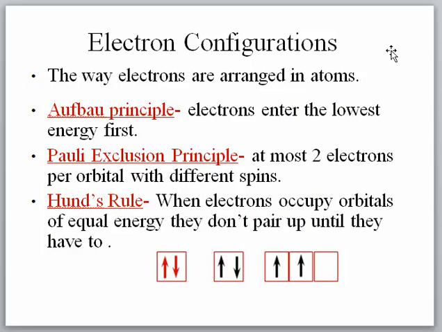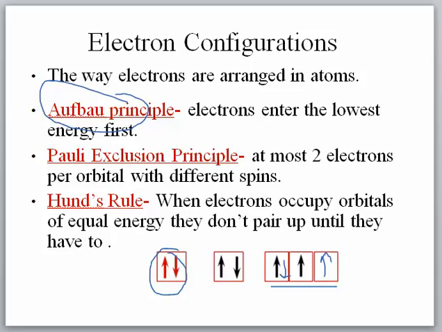So when you're following your electron configuration rules, remember, you have to fill lowest energy levels first, then at the most put 2 electrons in any one orbital with opposite spins, and then when you're filling equal energy levels like a P or a D, you will fill those orbitals up separately with parallel spins before you will go back and fill them up with pairs and opposite spins.